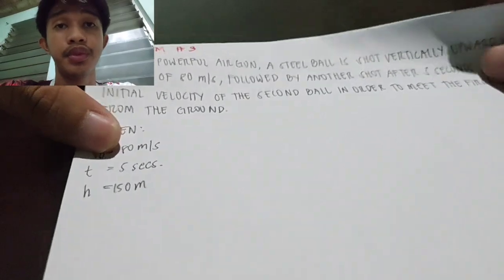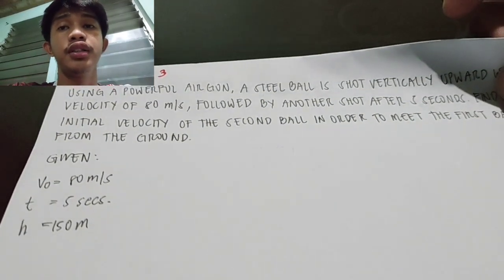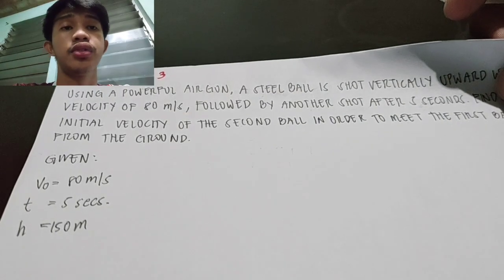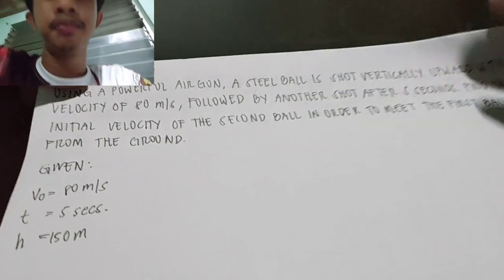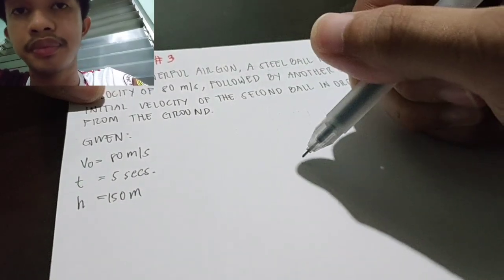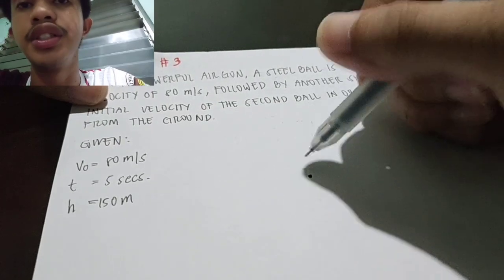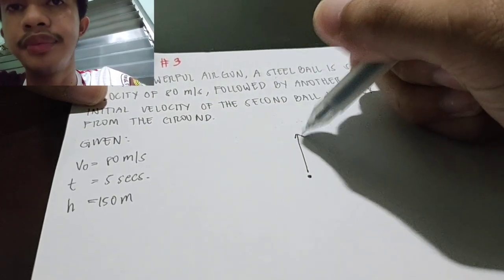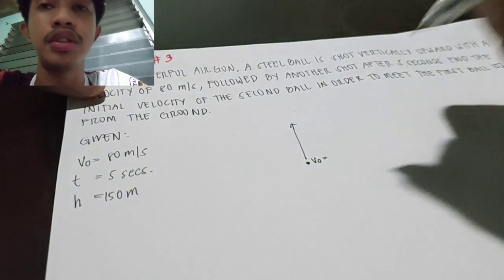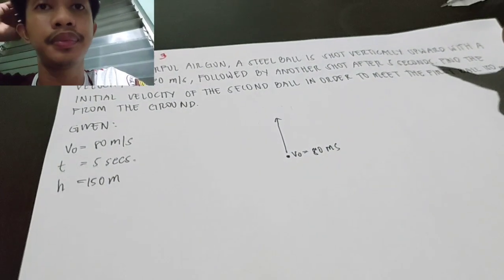So to fully understand how to solve this problem, you have to make an illustration or a drawing. First, we have a gun here, at this point, and it shoots a steel ball upward with a velocity of VO equal to 80 meters per second.